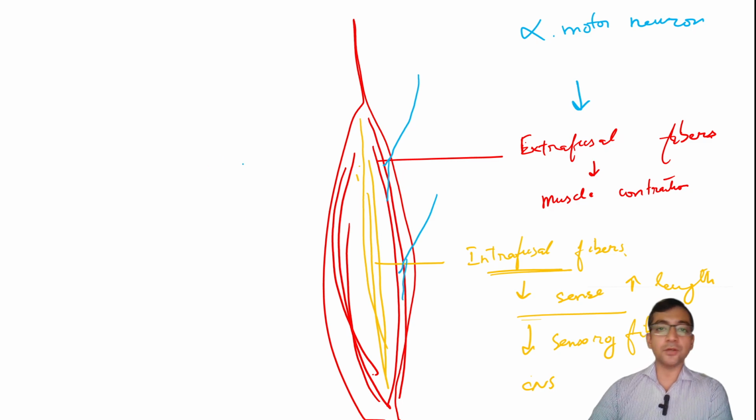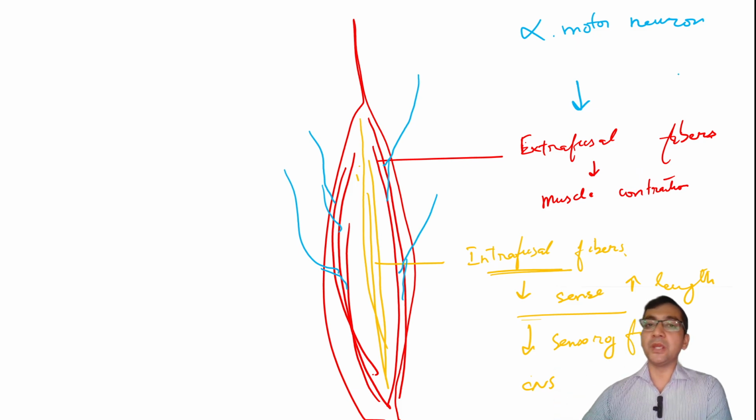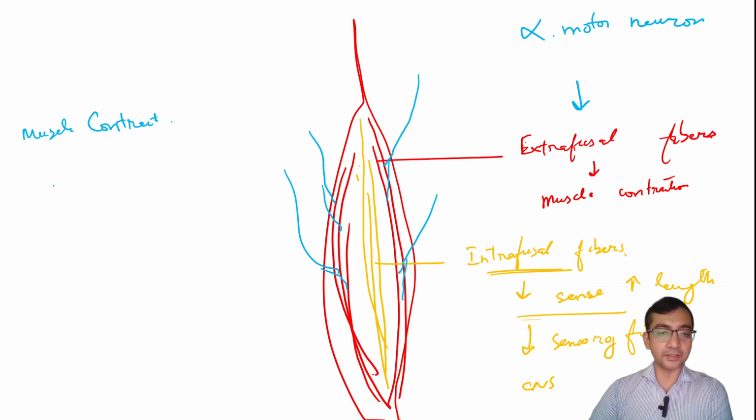They are not making any connections with the intrafusal fibers. So what do these alpha motor neurons do when they act on them? They will make the muscles contract, and the muscle length shortens.